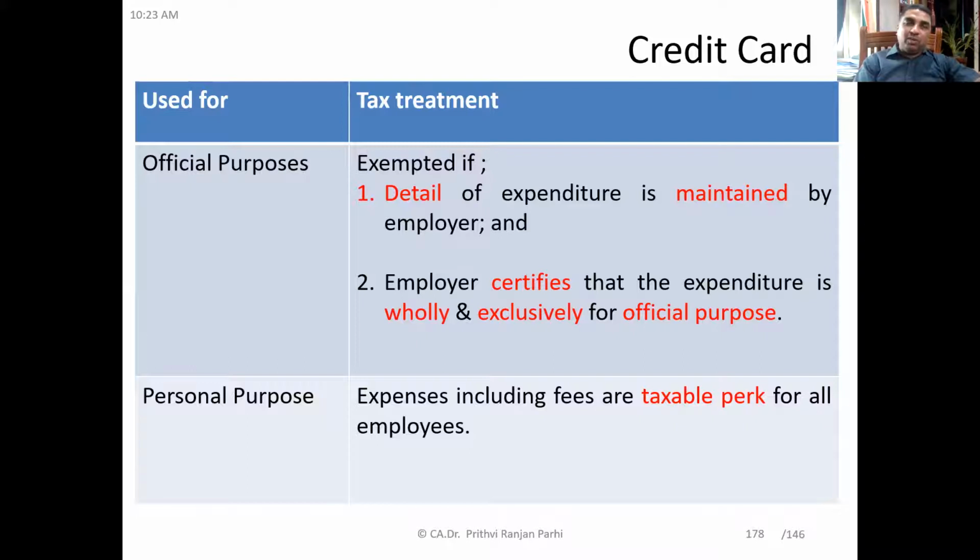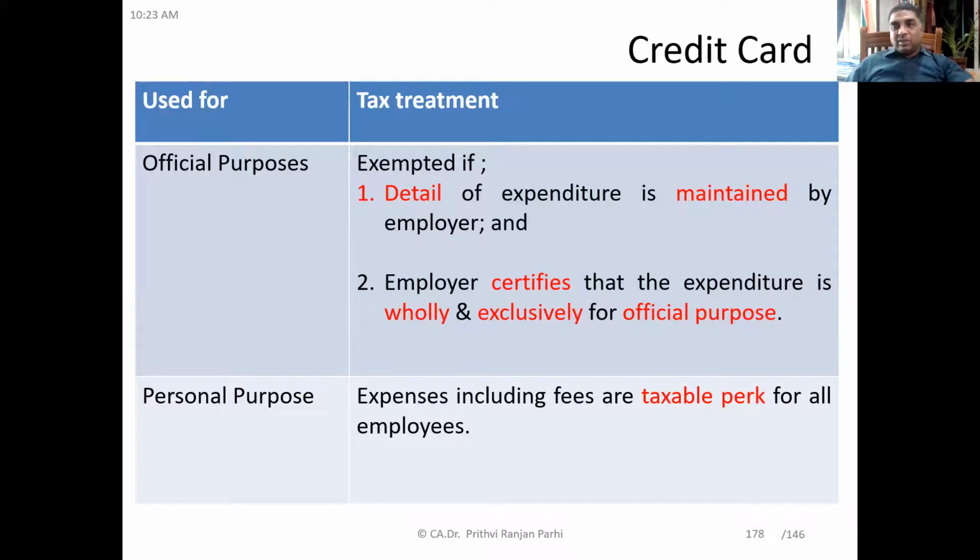If it is used for official purposes, it is exempted if detail of such expenditure is maintained by the employer. Employer maintains the detail of expenditure, and also certifies that expenditure is wholly and exclusively for official purpose.